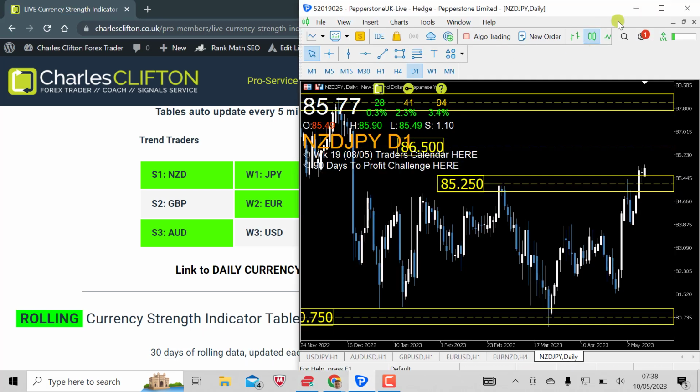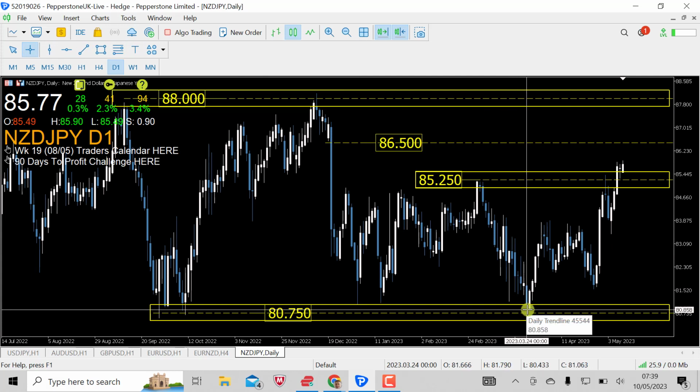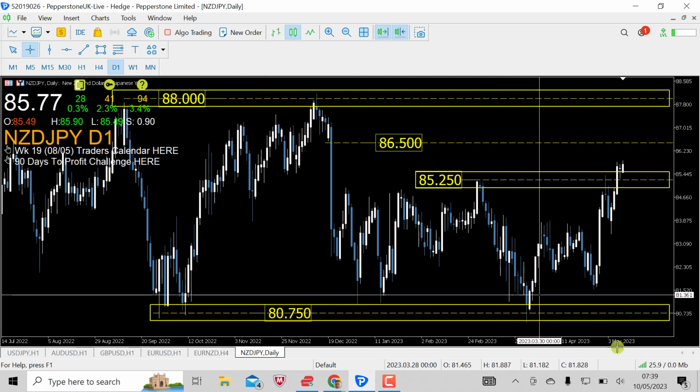So if I bring in our New Zealand yen chart, what we can do is have a look at the technicals and see where price is at, to see where we can best try and take advantage of this momentum. You can see that we're trading in this larger range between the 88 highs and the 80.75 lows, and we came towards the 80.75 lows around the 23rd or 24th of March, sorry.